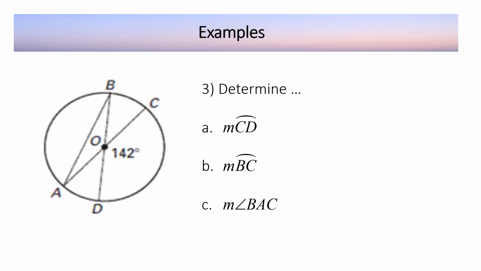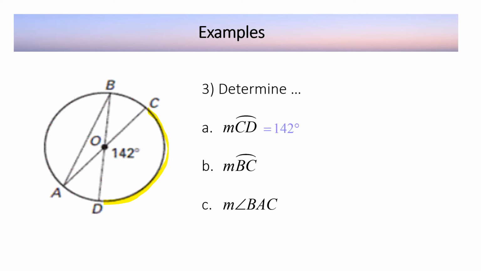In example 3, we will start by finding the measure of arc CD. Be careful. The angle that is associated with this arc is a central angle, not an inscribed angle, so the measure is the same as the intercepted arc.